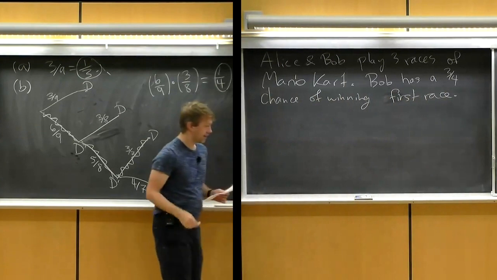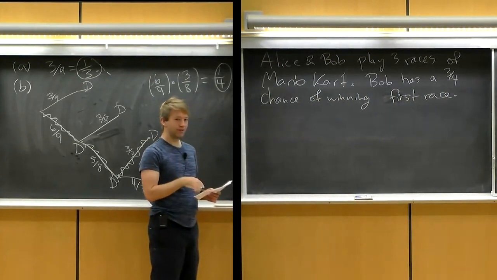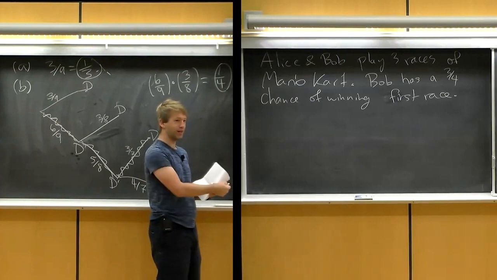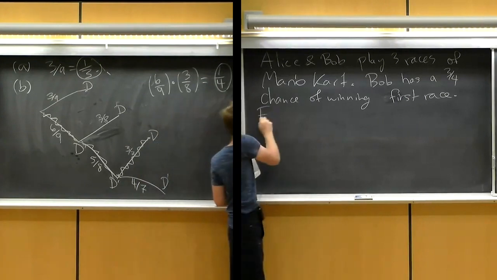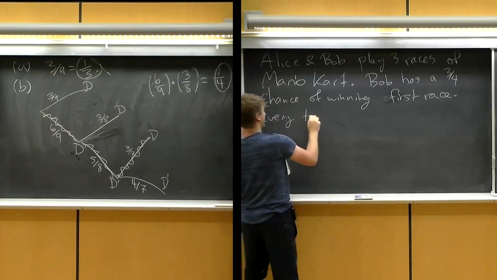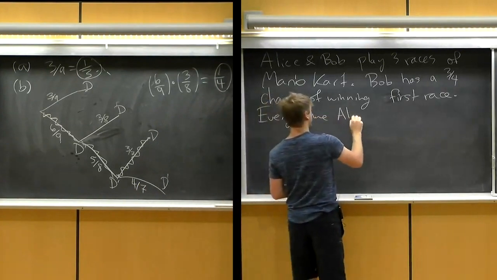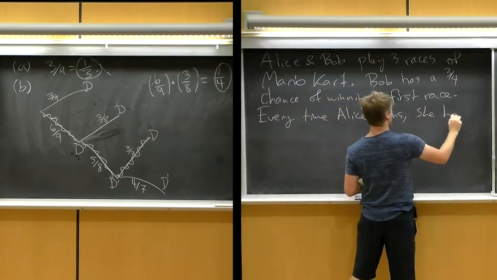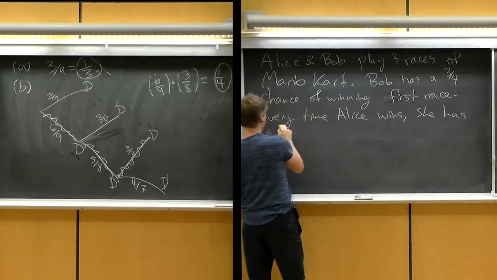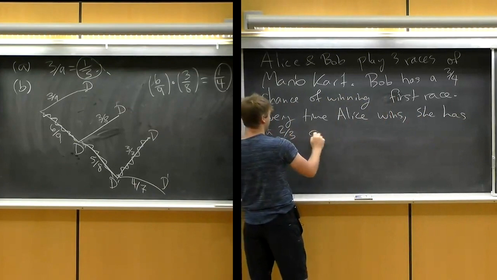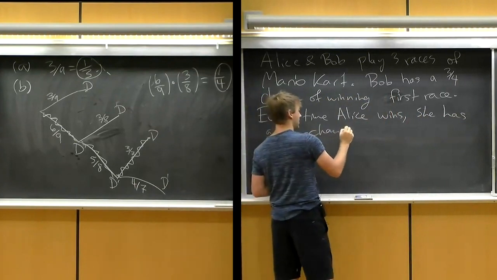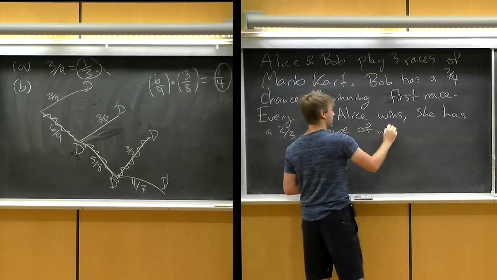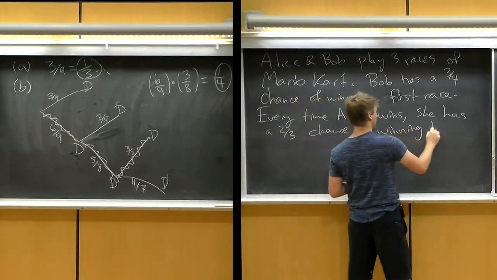However, every time Alice wins, she starts feeling really confident and like she has a better chance of winning the next one. So every time Alice wins, she has a 2/3 chance of winning the next race.